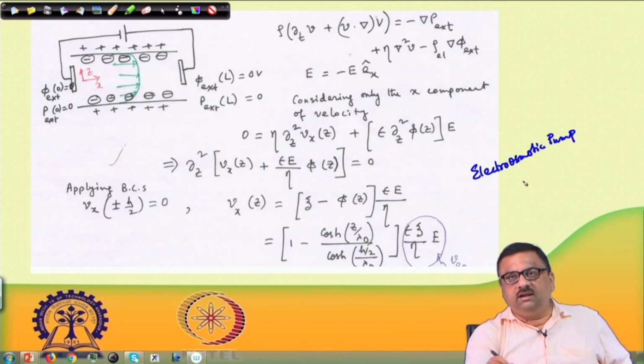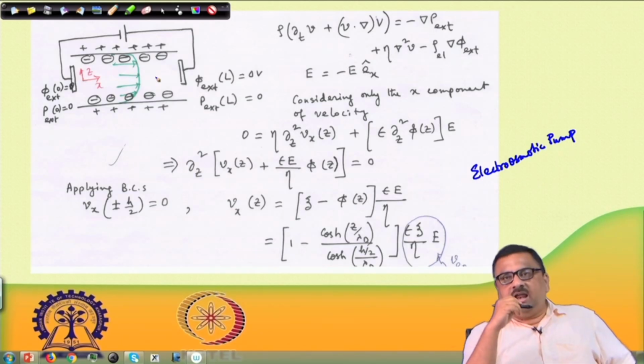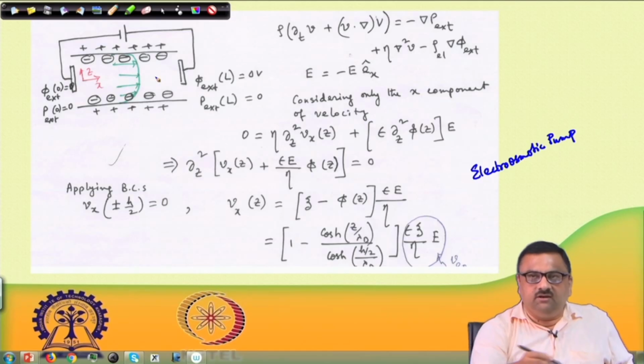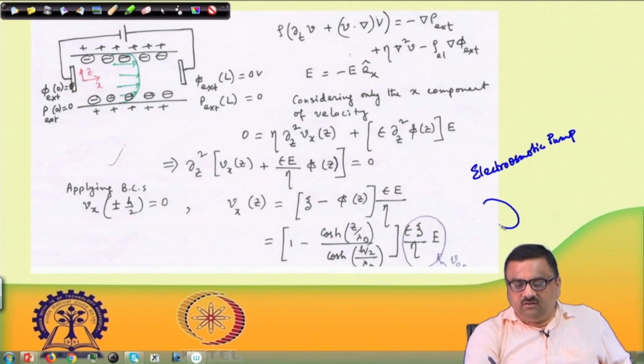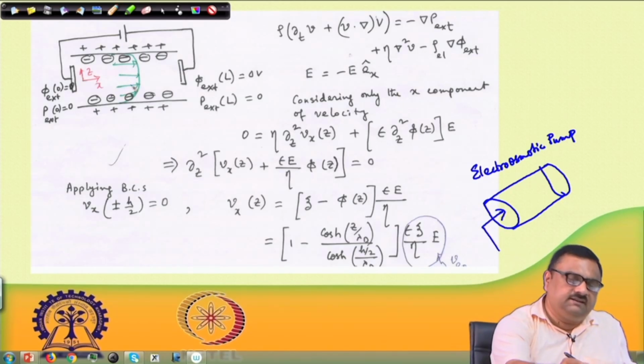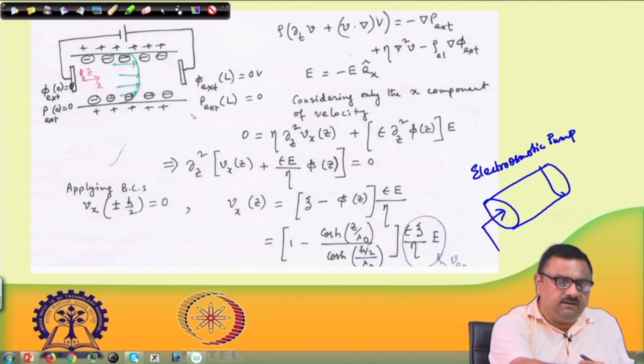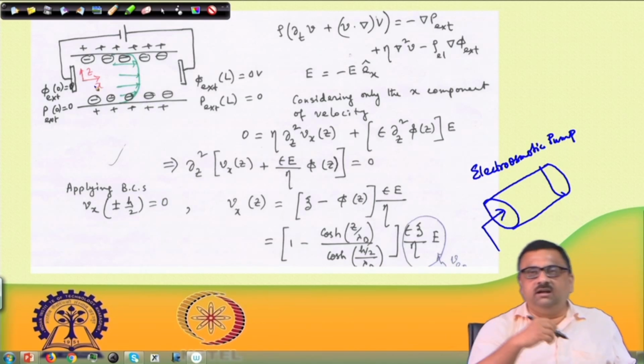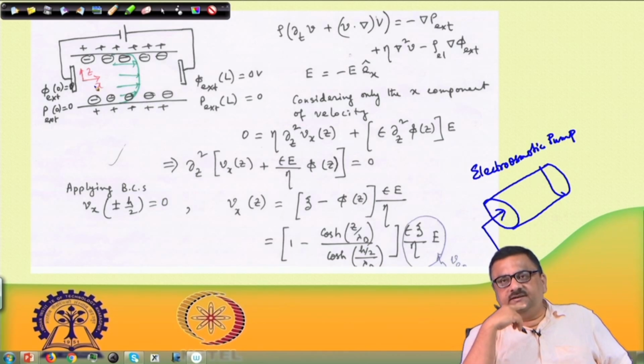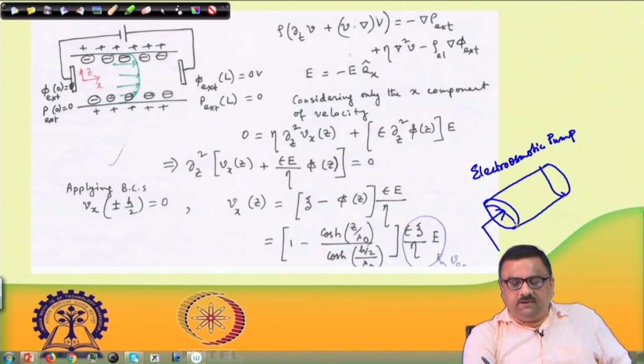It operates on this principle that there is a channel, not a micro channel as such. They construct a porous medium, with the understanding that inside the porous medium such channels will develop, and the ions and electric double layer will form. And so, if I apply a voltage across these, I will simply have a very precise flow.